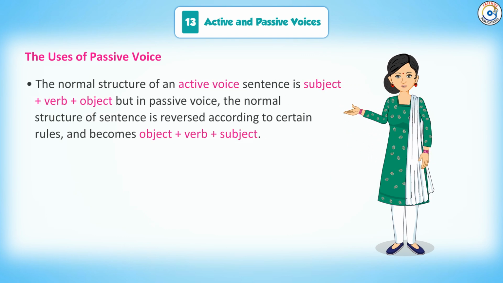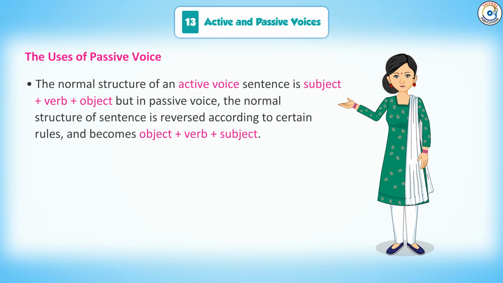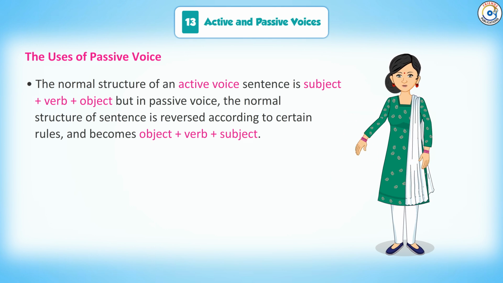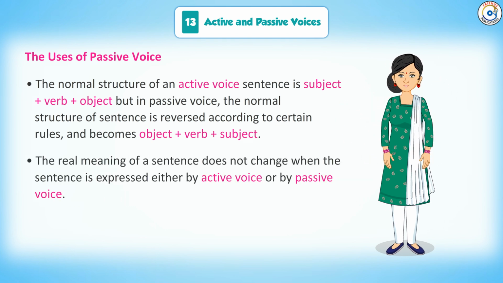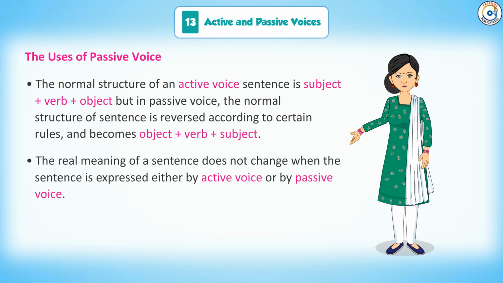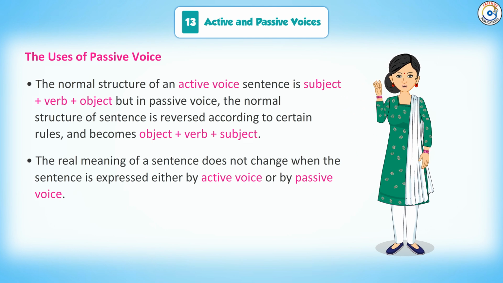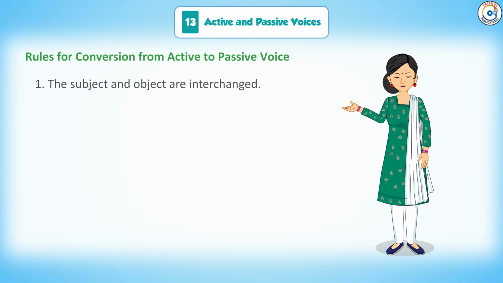The normal structure of an active voice sentence is subject plus verb plus object, but in passive voice, the normal structure of sentence is reversed according to certain rules and becomes object plus verb plus subject. The real meaning of a sentence does not change when the sentence is expressed either by active voice or by passive voice.